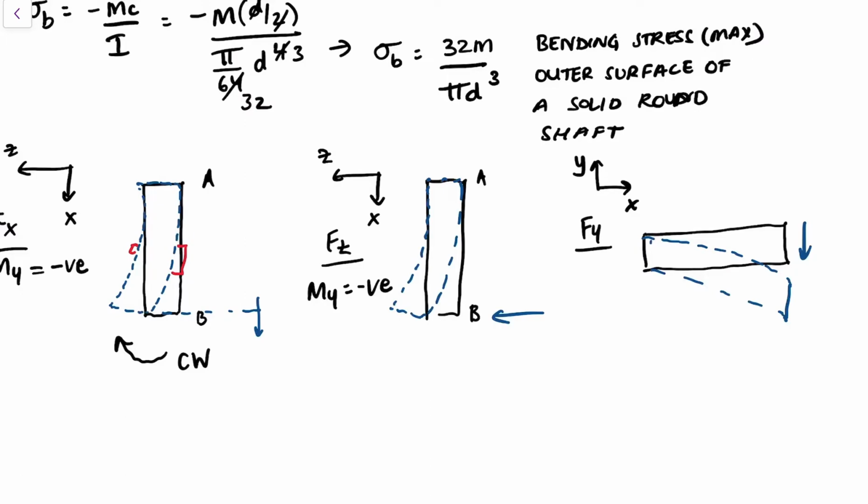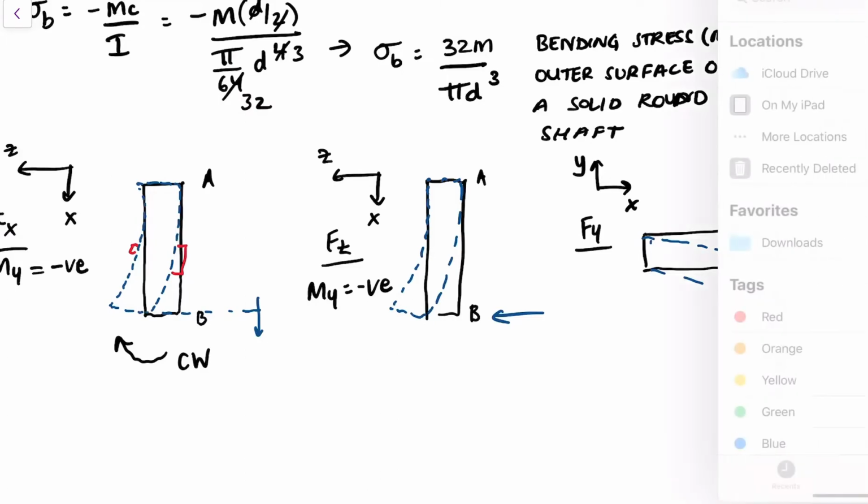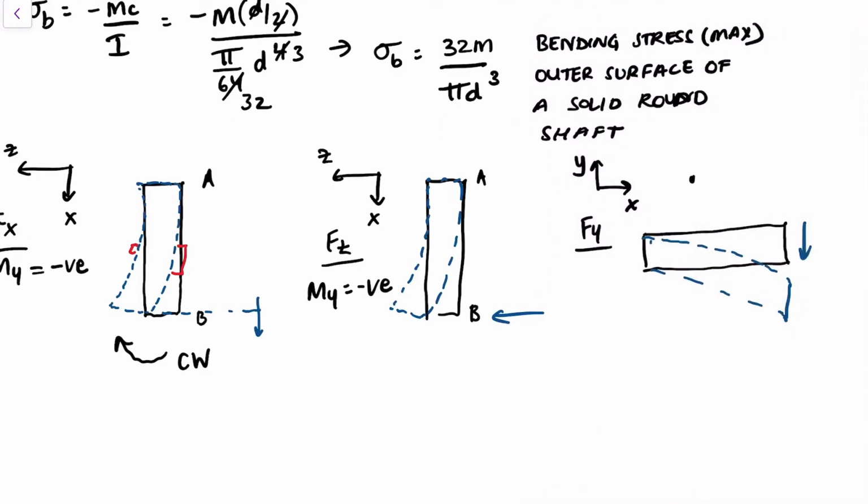Now we have z pointing out of the page, and using the right-hand rule, counterclockwise motion is positive if z is pointing out, but this is moving in the clockwise direction, so this is also negative. So moment about z due to Fy is also negative.